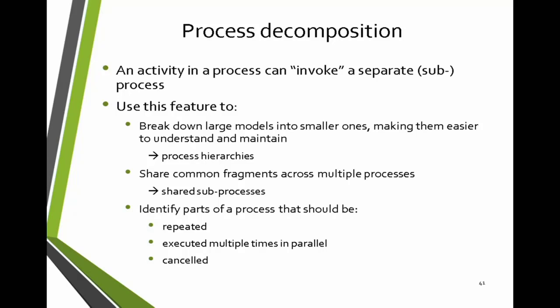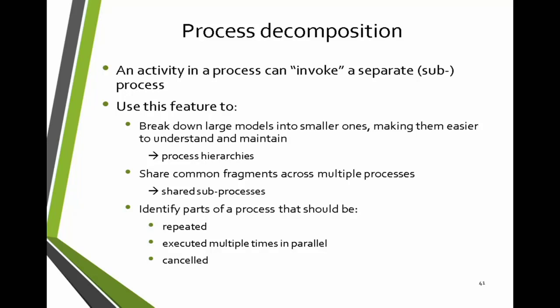You can, for instance, allow the repetition of a subset of tasks through such a sub-process. Or, in the context of exception handling, you can allow an exception of a particular type within the context of only a part of your process. And you would use a sub-process for that, with an attached boundary event to that sub-process.